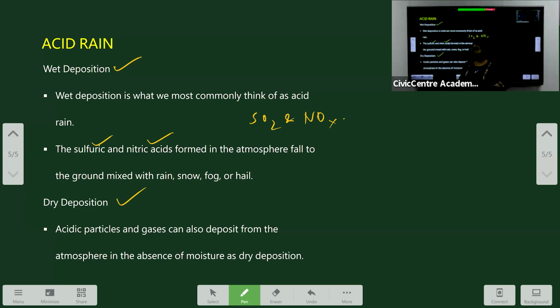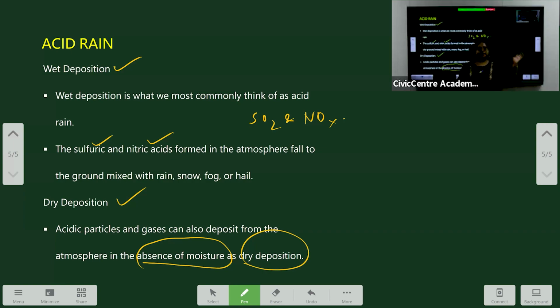And dry deposition is when these gases tend to deposit in solid forms in the absence of moisture. When the water vapor is not there, they tend to form dry deposits on structures like the Taj Mahal or on plants and animals and even on the surface of the earth.